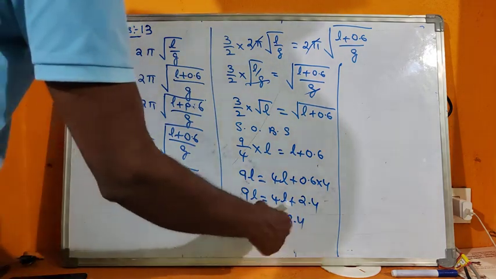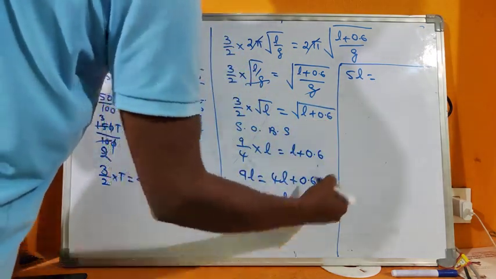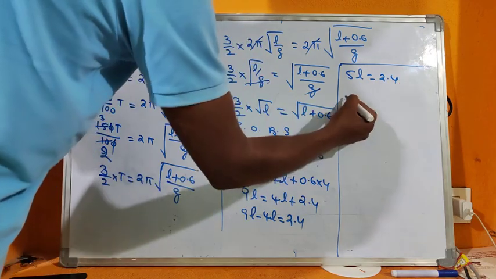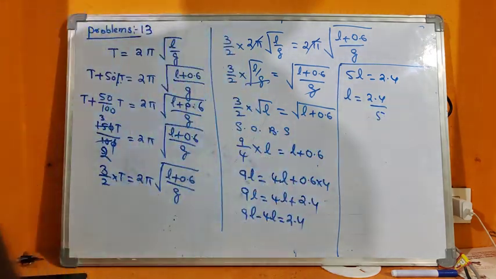So 5L is equal to 2.4, and L is equal to 2.4 by 5.